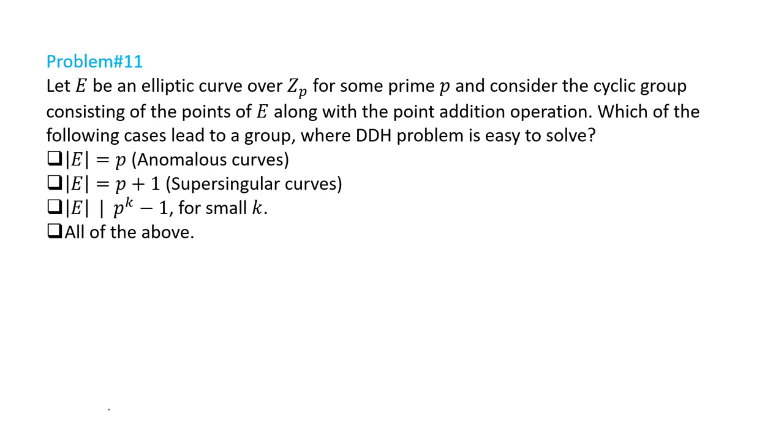For that, your DDH problem is easy to solve. Also a supersingular curve holding this condition, and also the condition where the size of the elliptic curve group divides p to the power k minus 1 for small k. All these cases should be avoided in constructions where the DDH assumption needs to hold.